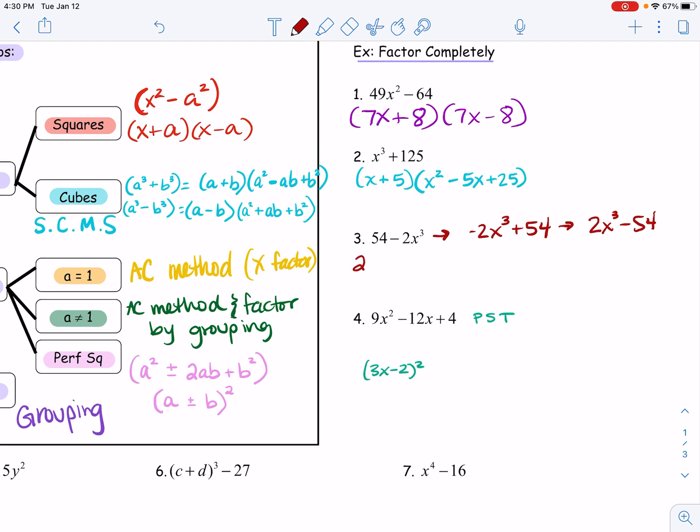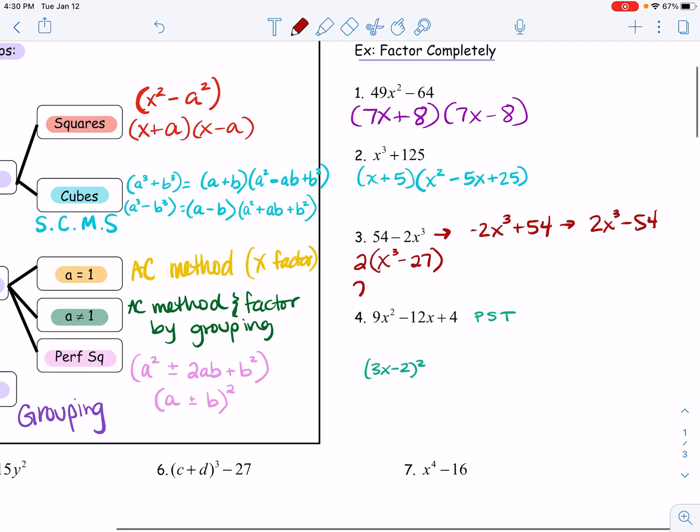So if I pull out a 2, I'm left with x cubed minus, what is 54 divided by 2, and that's 27. And looky inside those parentheses. That is a perfect cube, x cubed, minus another perfect cube. 27 is 3 cubed. So this is going to be the difference of cubes.